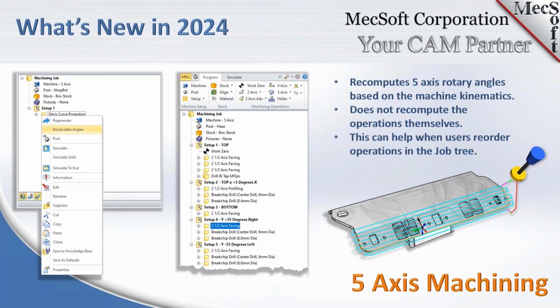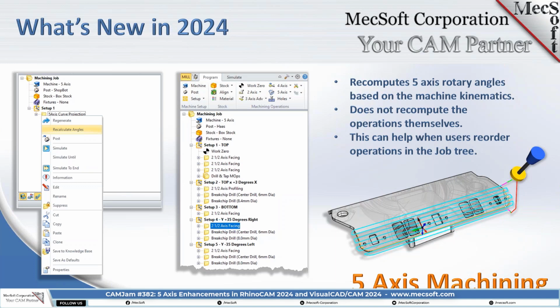But when you post it, if the machine angles are incorrectly inherited from the previous operation, you might have a problem because the tool might collide with something along the way. So that's why we've added this enhancement to make sure that the angles are all coherent going from one operation to another, as they appear in the machining job, right? Yeah. Right. Okay.